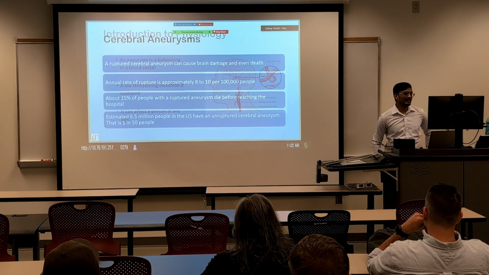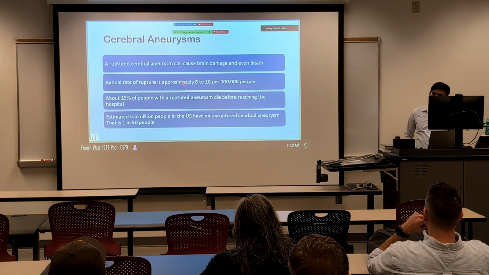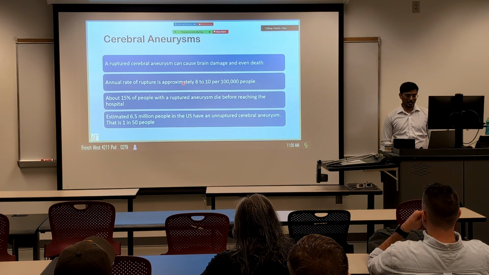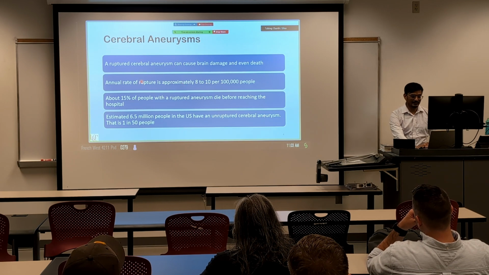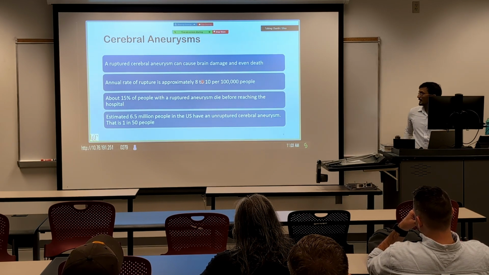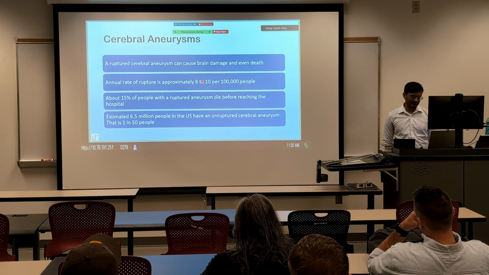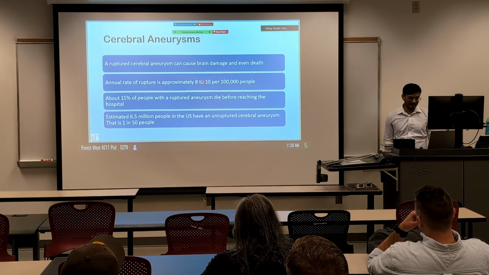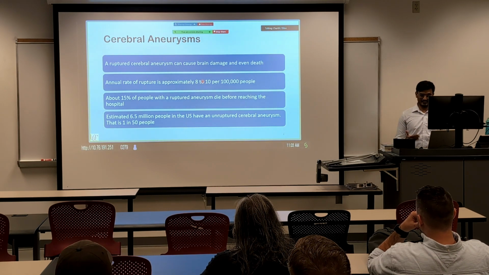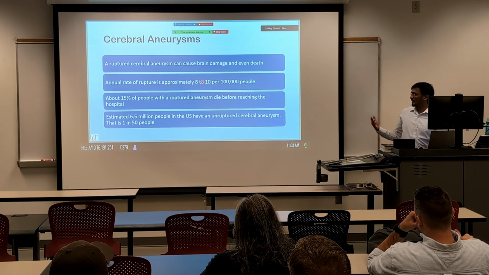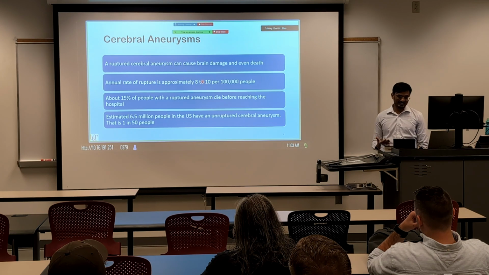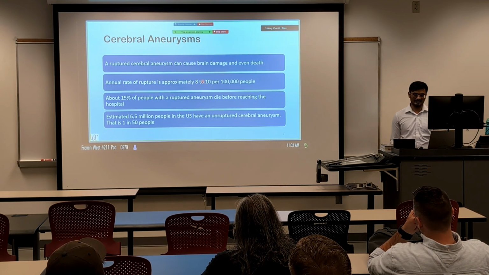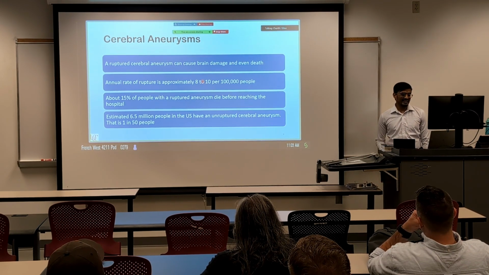And now here are some statistics related to cerebral aneurysms. You can see that the annual rate of rupture is around 8 to 10 people per 100,000. And about 15% of the people with a ruptured aneurysm will die even before reaching the hospital. So that's a serious case.